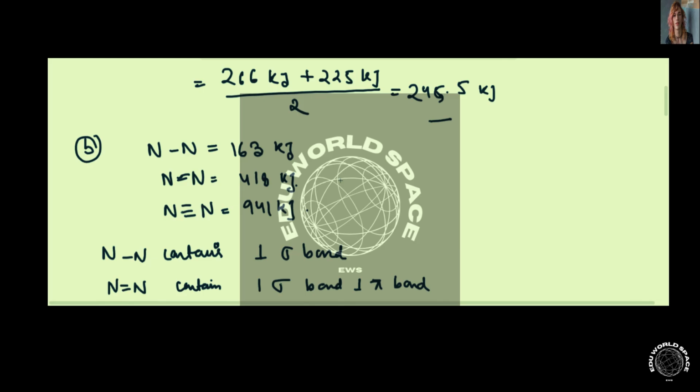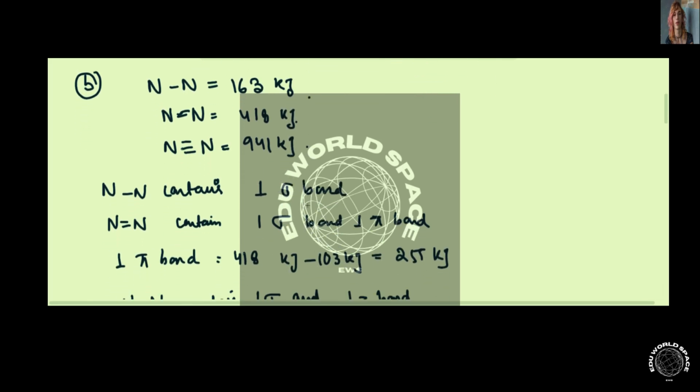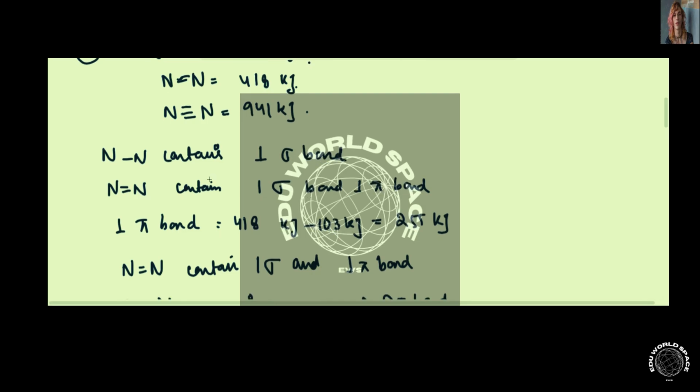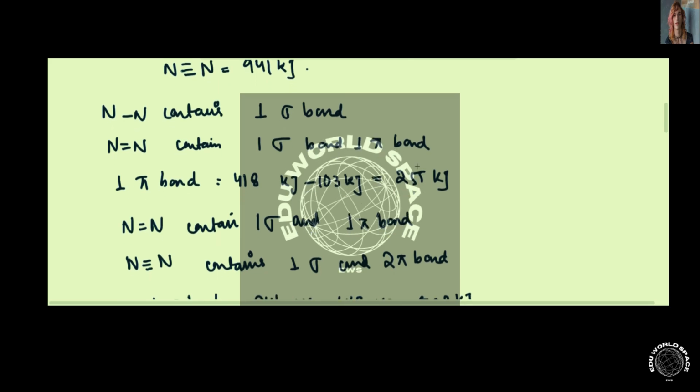Now the B part says bond enthalpies of N bonds. So N single bond N is 163 kilojoules, N double bond N is 418, and N triple bond N is 941 kilojoules. To calculate the average pi bond contribution, N single bond N contains 1 sigma bond, and N double bond N contains 1 sigma and 1 pi bond.